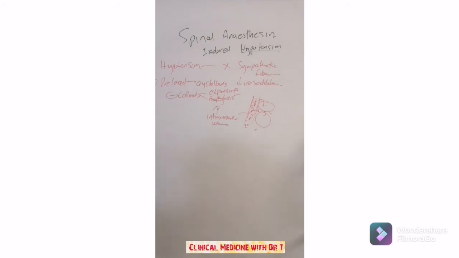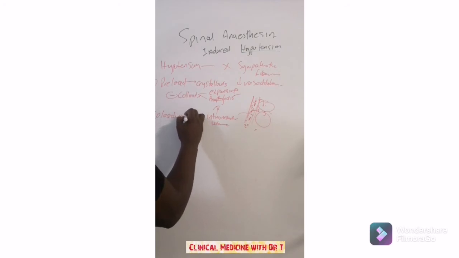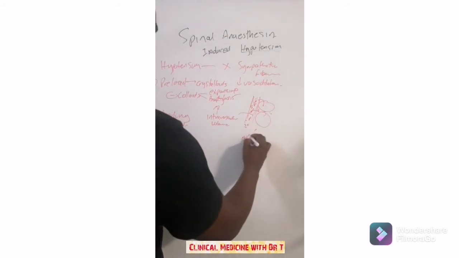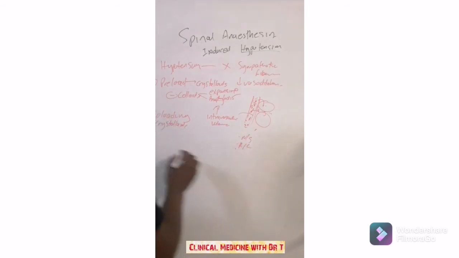And then now people are like, okay, why don't we do what is called coloading? So coloading is giving a crystalloid. Remember what crystalloids are, guys? Crystalloids are fluids like normal saline, the most common, then there's lactate, and there are so many of them.